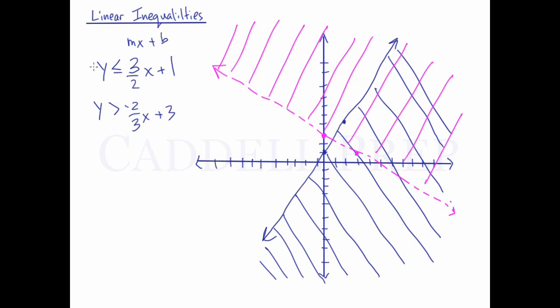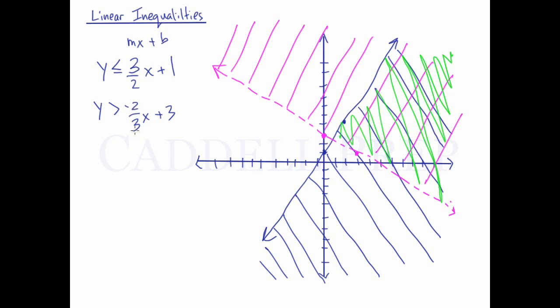So if we were given both of these inequalities and we had to solve for the system of them, in other words, a value or a point that satisfies both of these inequalities, we would just look to see where they overlap. So in this area, we have an overlap. So this area would satisfy both of these inequalities.